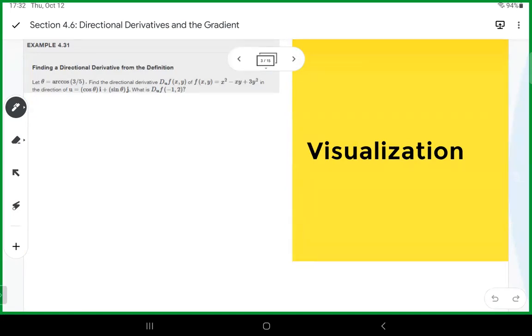So if we have the arc cosine of 3/5, find the directional derivative of f of xy in the direction of u, and so on.